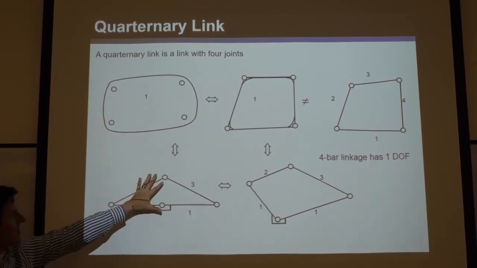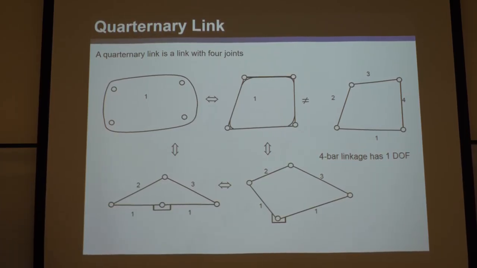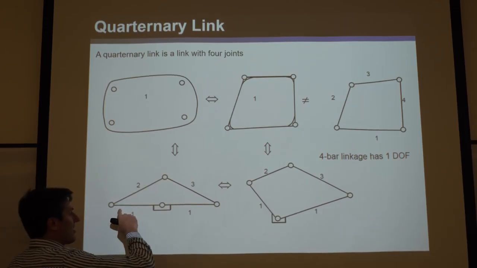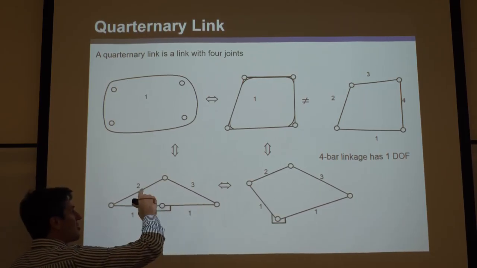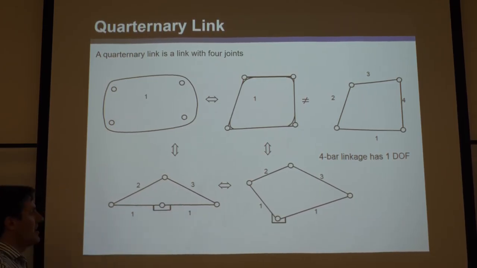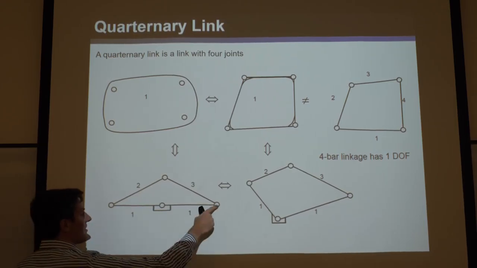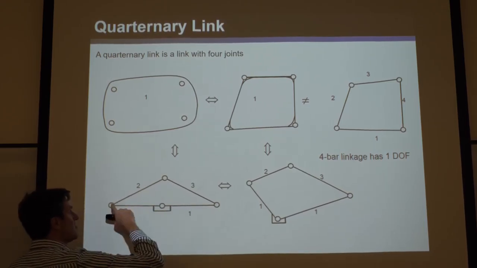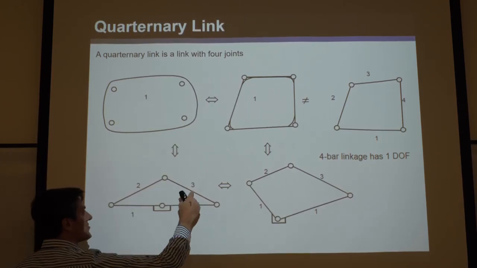So you would not classify this as a quaternary link, and you would not classify it as a ternary link. You would classify it as 1 ternary link and 2 binary links. That's because there's 3 joints on this ternary link, and 2 joints on this one binary link, and 2 joints on that binary link.